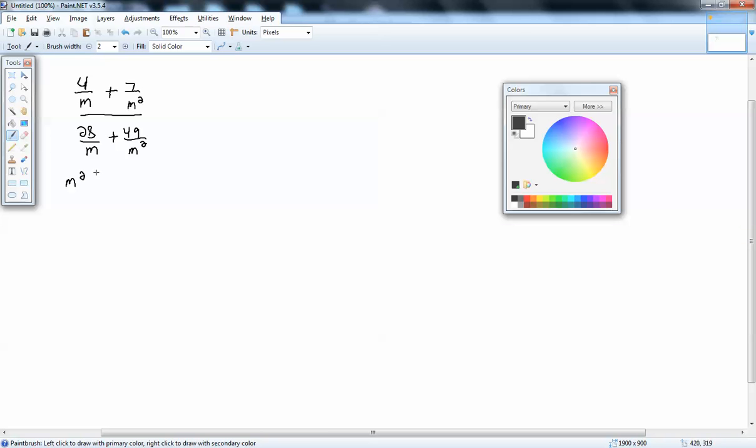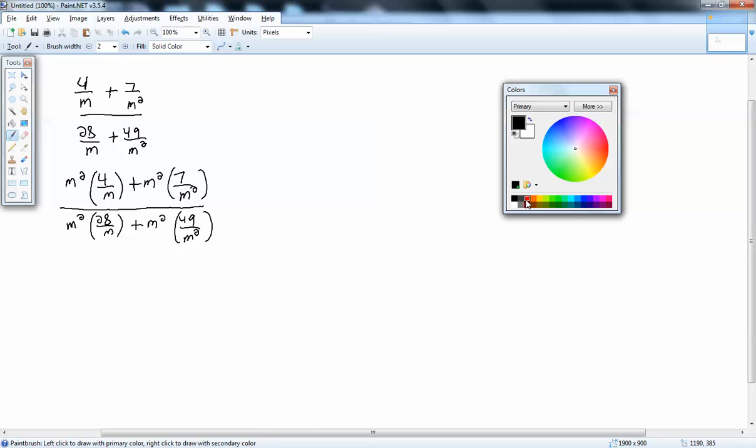So we're going to have m squared, and we'll multiply that times the 4 over m, and we'll multiply it times the 7 over m squared. We'll multiply the m squared times 28 over m, and we'll multiply the m squared times 49 over m squared. Okay, now when you do that, these m squared are going to cancel.